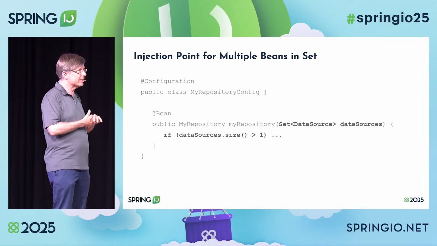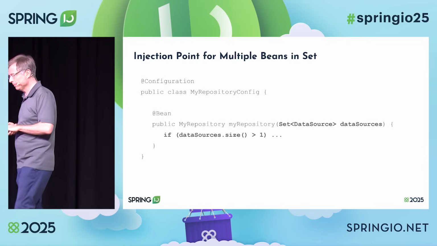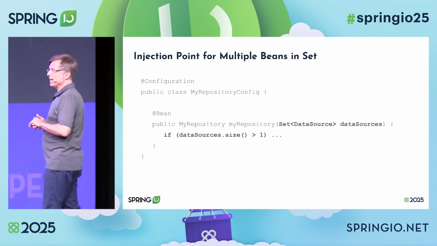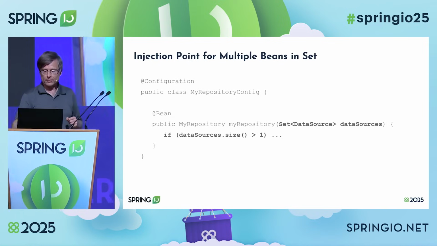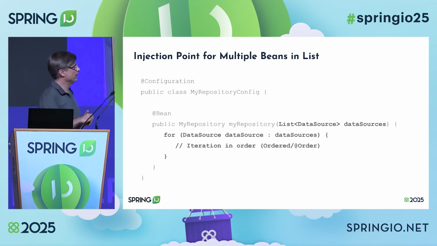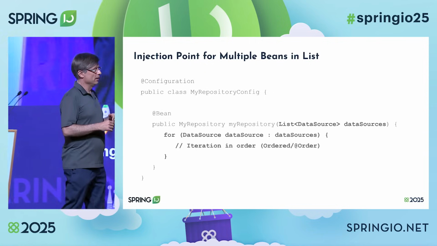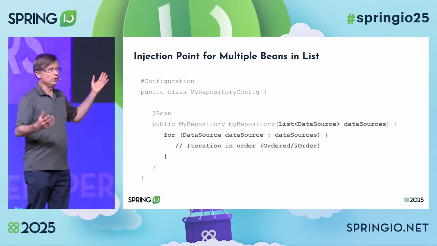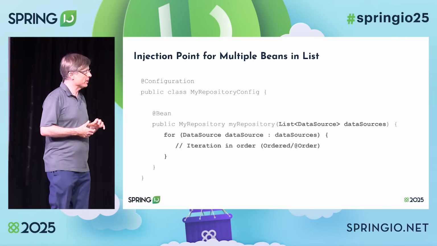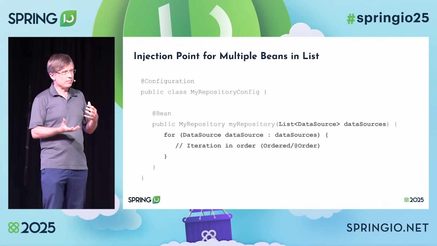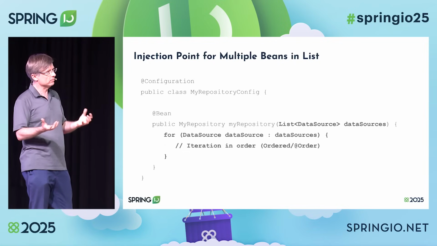You actually trigger initialization for those data sources by asking for them at the time of the method invocation. There are variations of this. You can declare a List of DataSource, and you get order behavior for lists and also for arrays. We actually sort them according to the factory order.